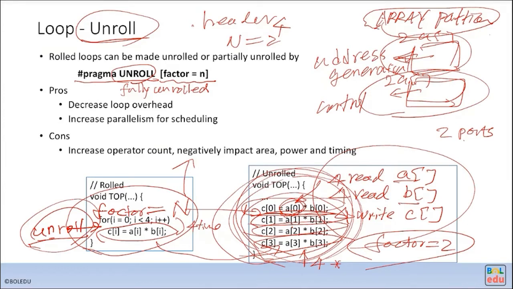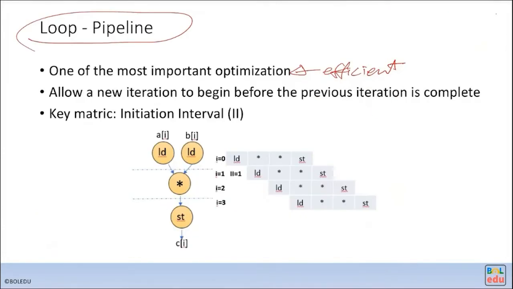If you want to get twice the throughput, you double your resource. For pipeline, the resource use will actually be very efficient. So we will use loop pipeline a lot instead of using unroll.